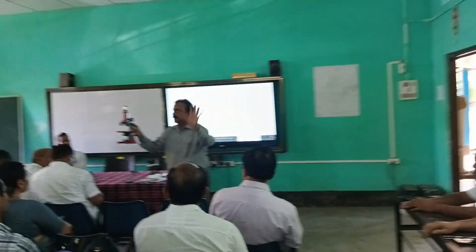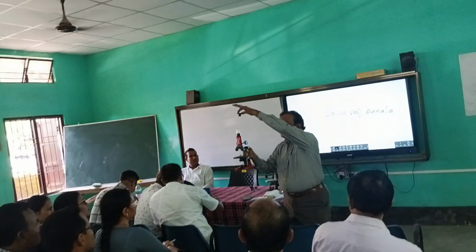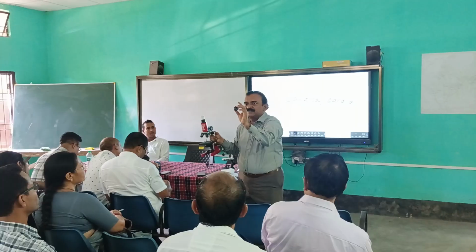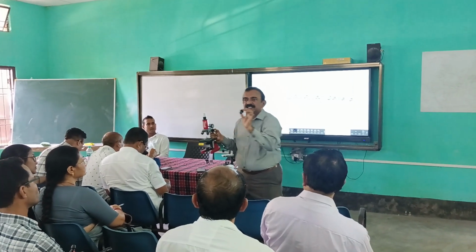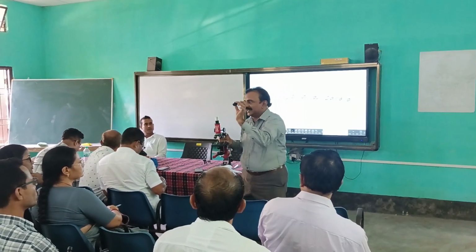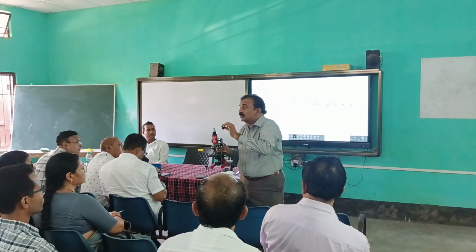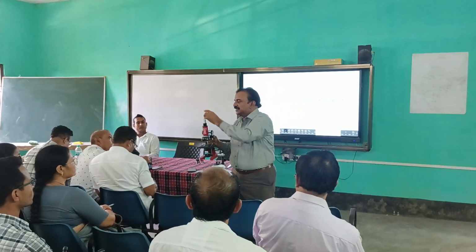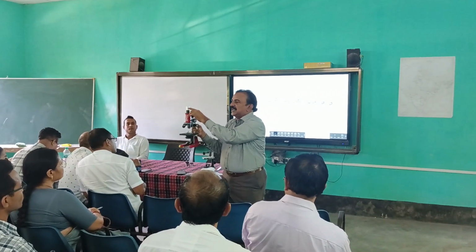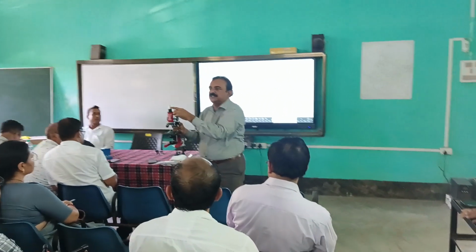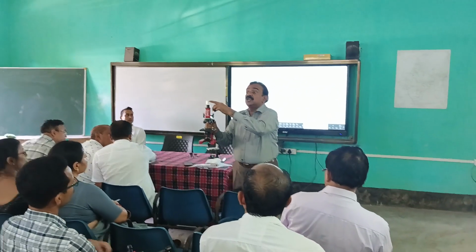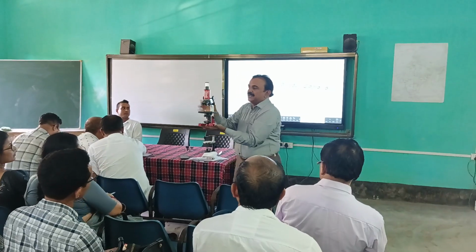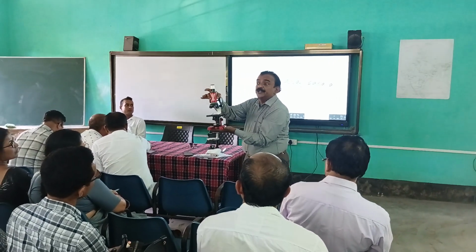All of you listen. Here you see this one. What is this? This is called the eyepiece. It has a convex lens, and these are called ocular lenses. The small aluminum pipe is called the broad tube. Below the broad tube, this is the body tube.